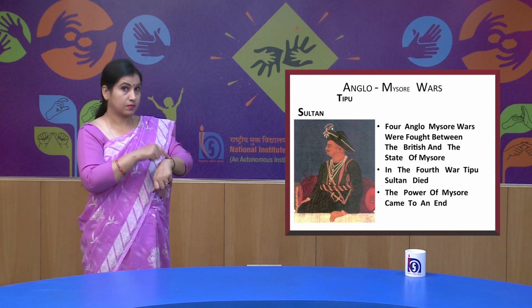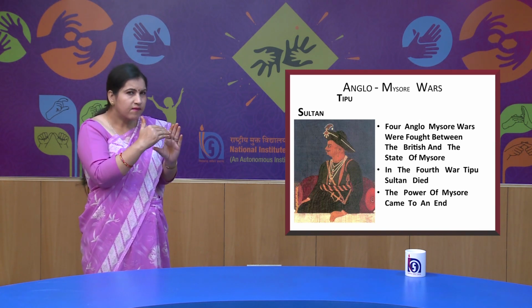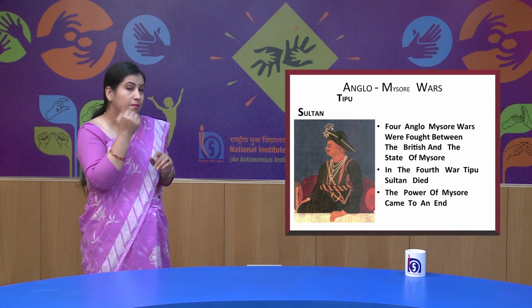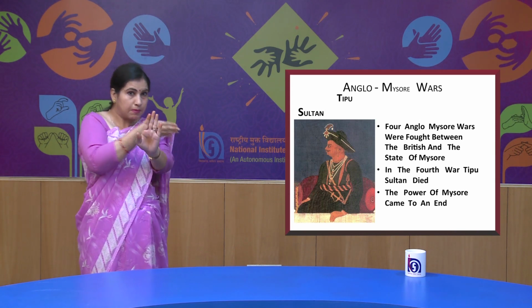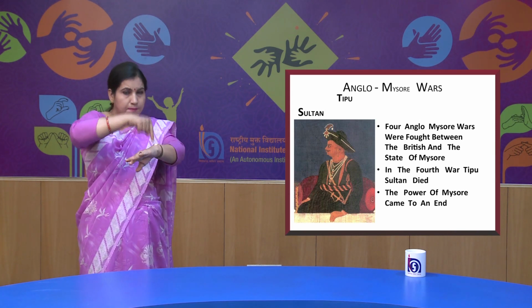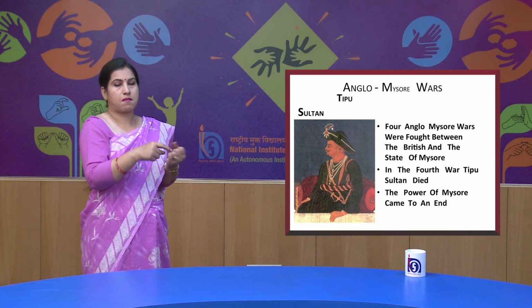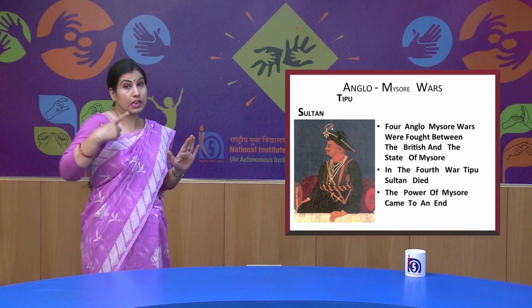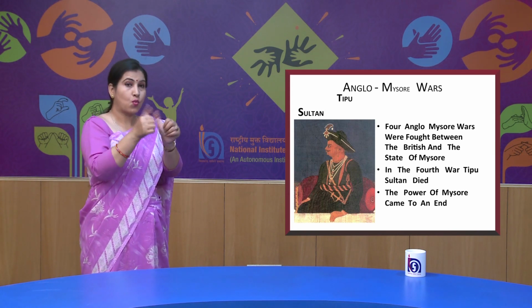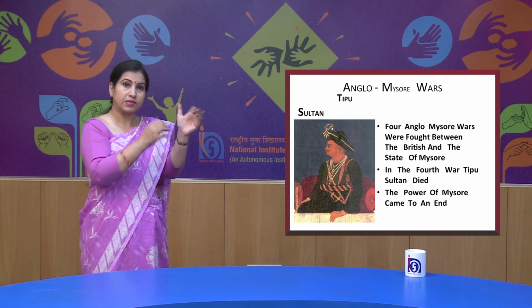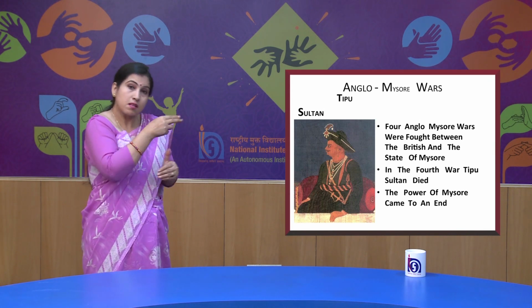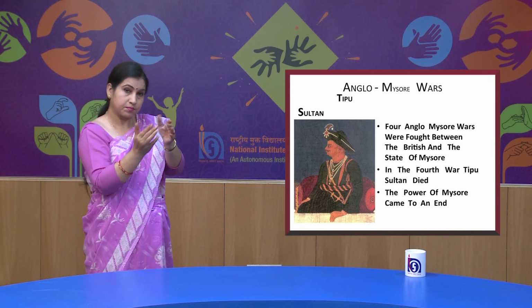During the latter half of the 18th century, Mysore had become a powerful state under the leadership of Hyder Ali and his son Tipu Sultan.